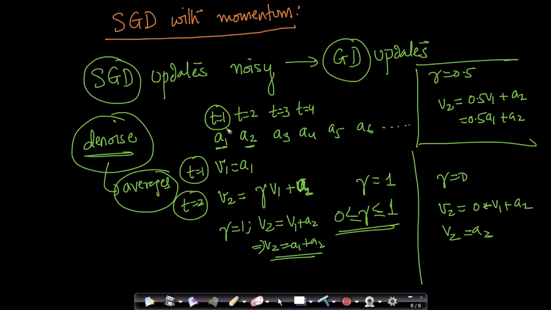So you can think of this like a weighted sum, where you're giving more weightage of 1 to the most recent point you have seen and less weightage to a point that you have seen in the past, right? So let's just extend this. V1 equals to A1, V2 equals to gamma times V1 plus A2.